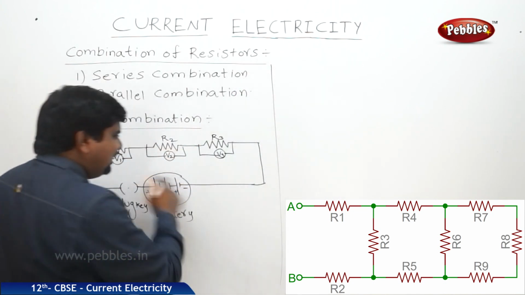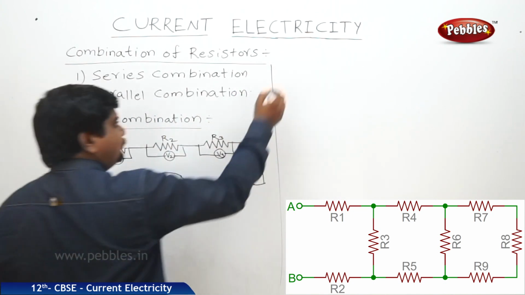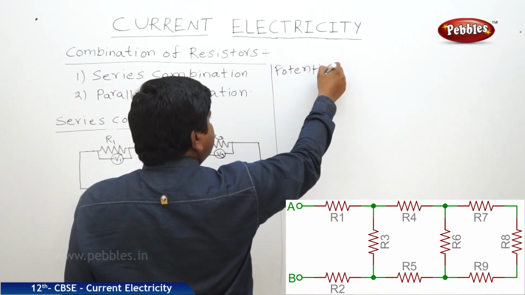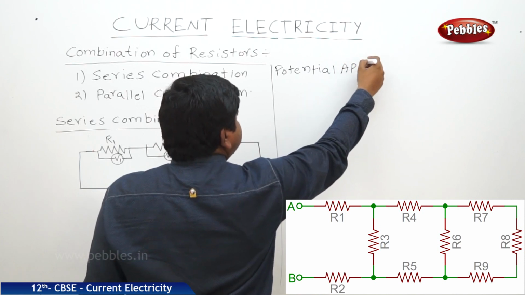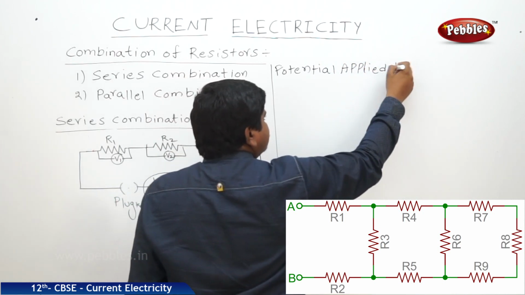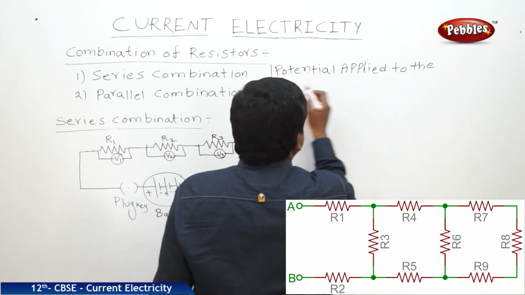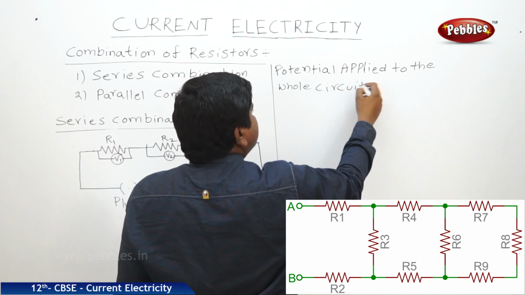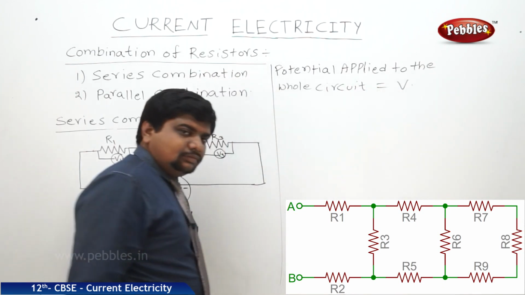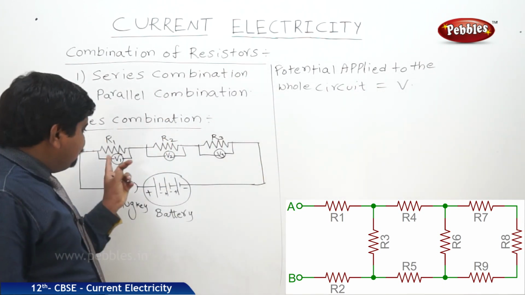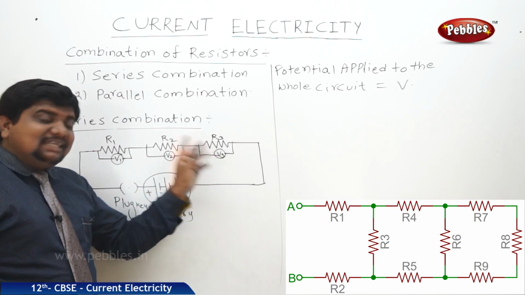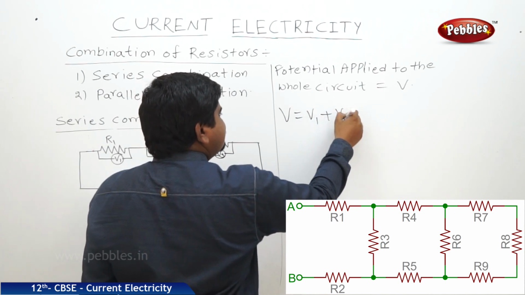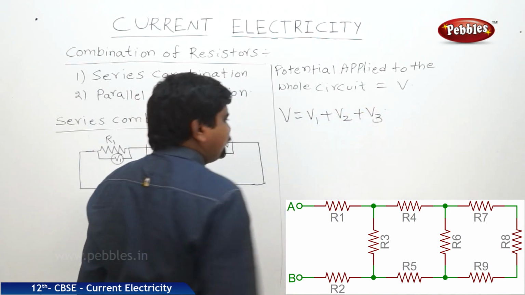The potential applied to the whole circuit is V. This V we can write as a sum of potential drops at each resistor. Therefore, V is equal to V1 plus V2 plus V3.